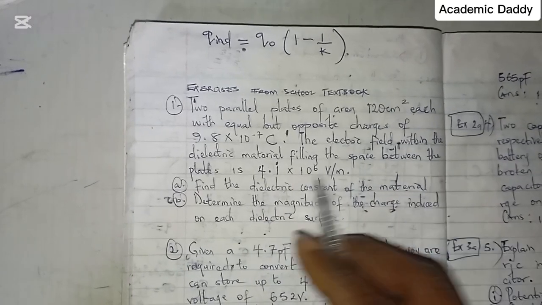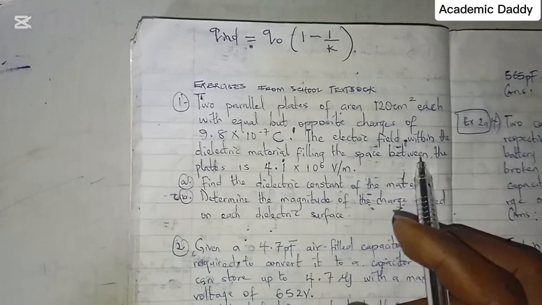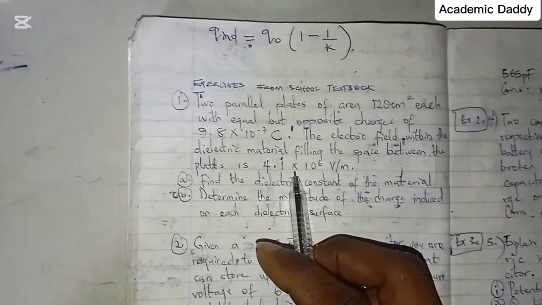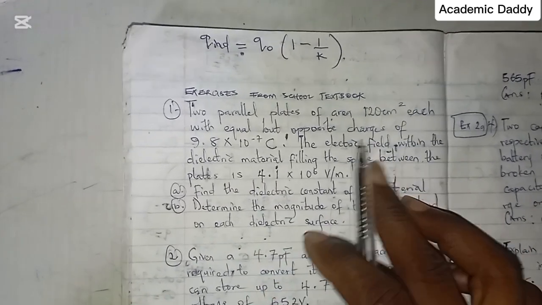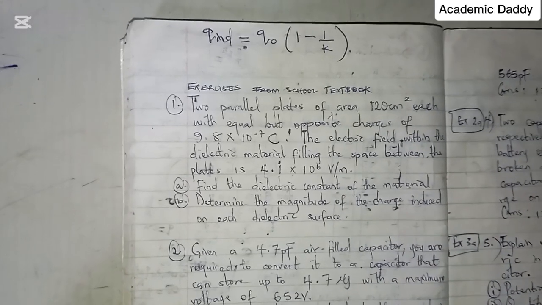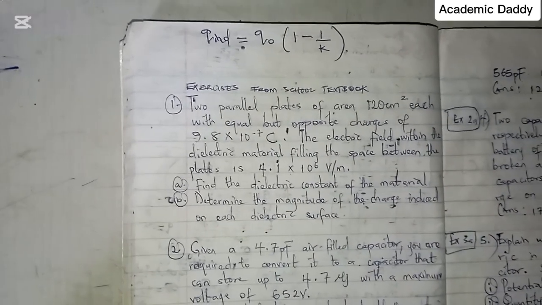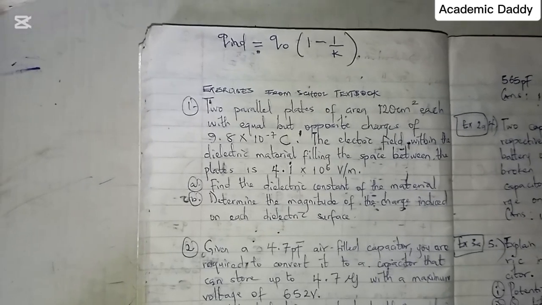The electric field within the dielectric material filling the space between the plates is 4.1 times 10 raised to power 6. They did not give us the initial electric field, but we can actually find it.